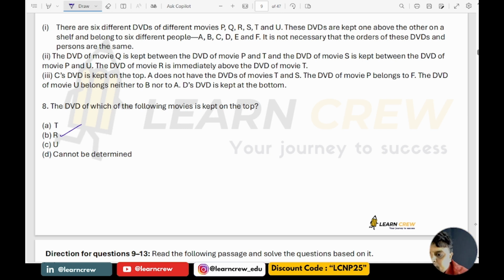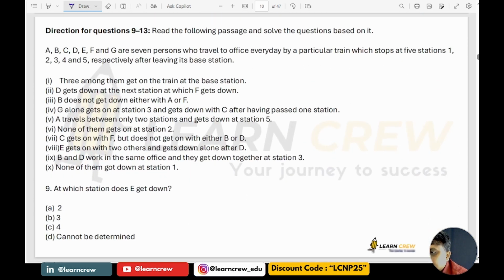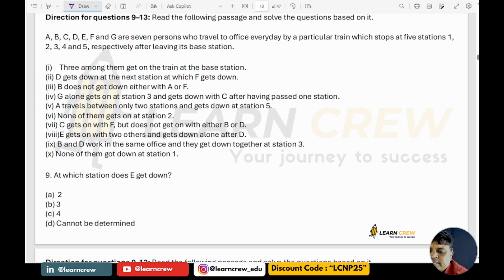Now question number 9 to 13. See here clearly. A, B, C, D, E, F, G are 7 persons who travel to office every day by a particular train which stops at 5 stations, 1, 2, 3, 4, 5 respectively, after leaving its base station.